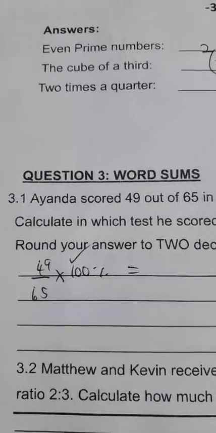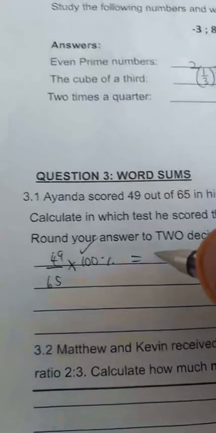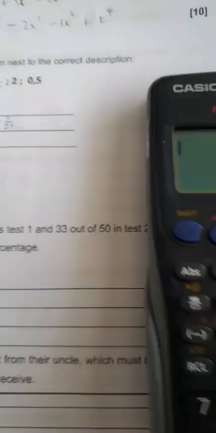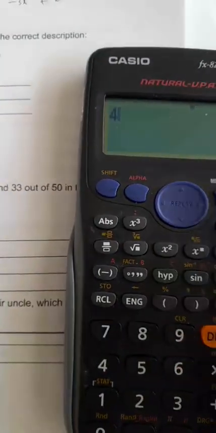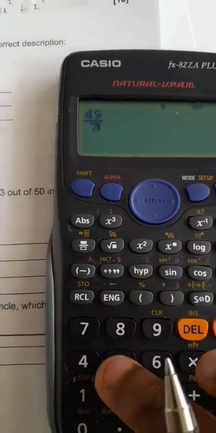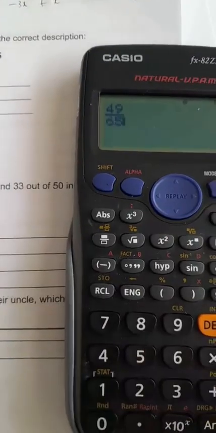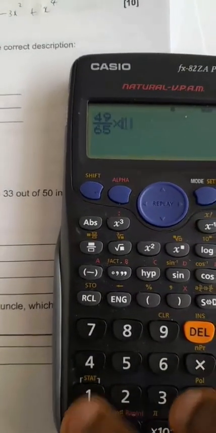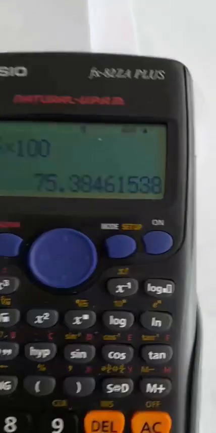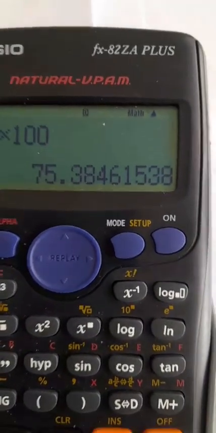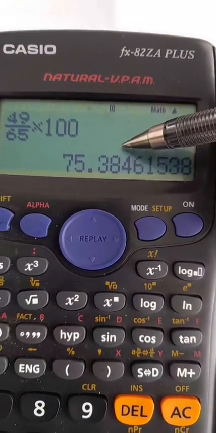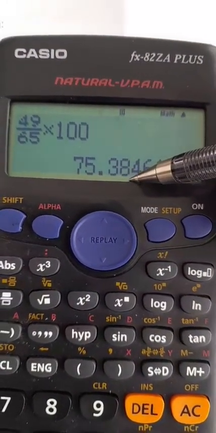And I like the fact that Andrew Z already says 75,38. Now let's check very quickly that that does line up. So 49 divided by 65, then we times that by 100. That gives us 980 over 13. We press S-D and we get 75,3846, and so it goes. But 2 decimal places means we cut off where the 38 is.